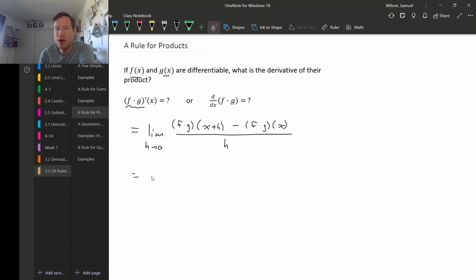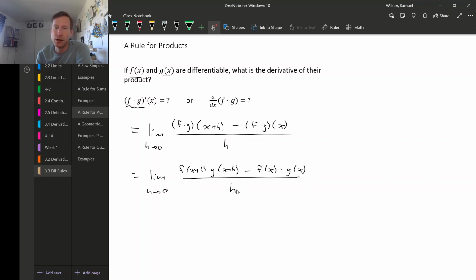And when I say the product function, what that really means is, the product function evaluated at x plus h, that's f of x plus h times g of x plus h. And then same thing for f times g at x, that's f of x times g of x, all over h.